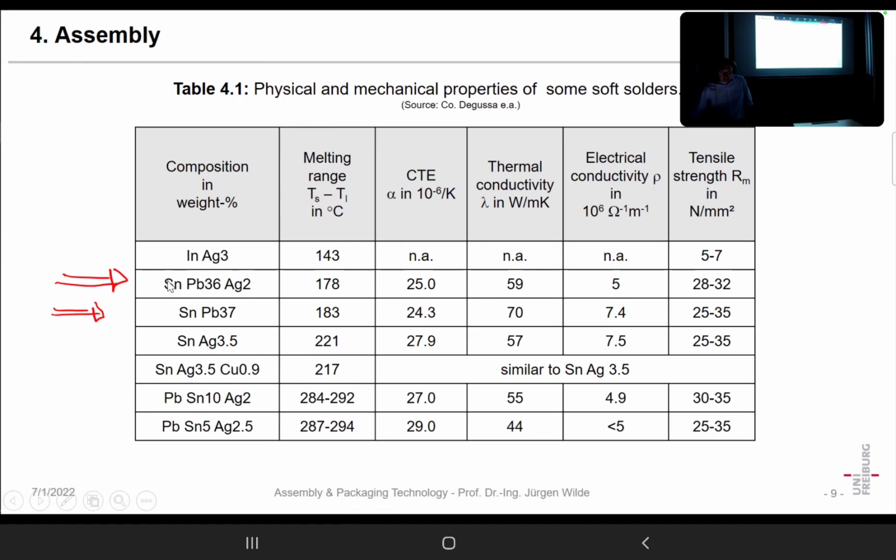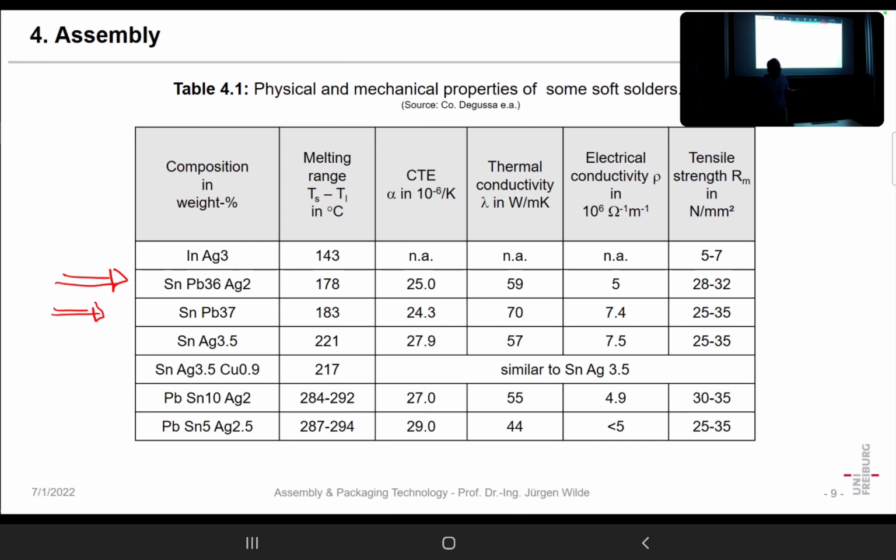The main reason is that for these two solders we had previously, we have a melting point of 180 degrees centigrade. And now we have a melting point of 220 degrees centigrade. And that is 40 degrees higher. And that poses high stress on the devices.